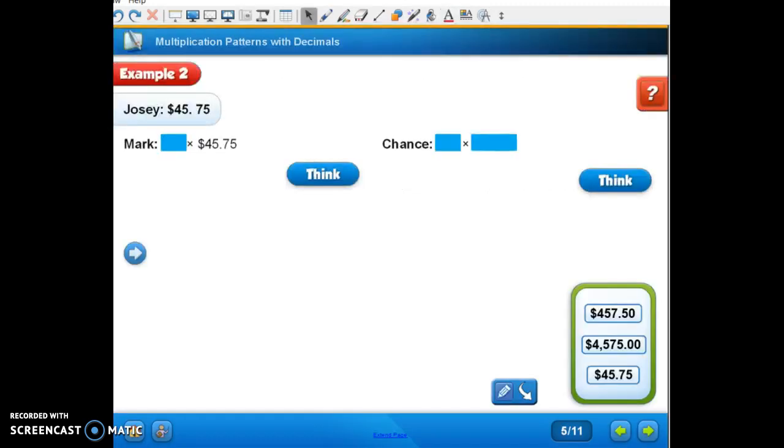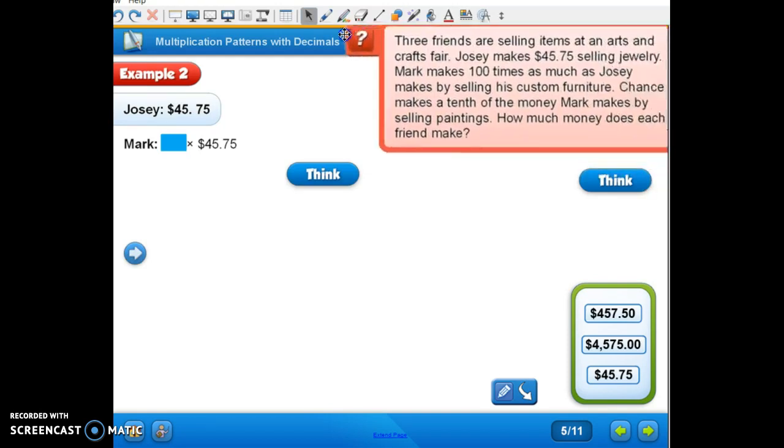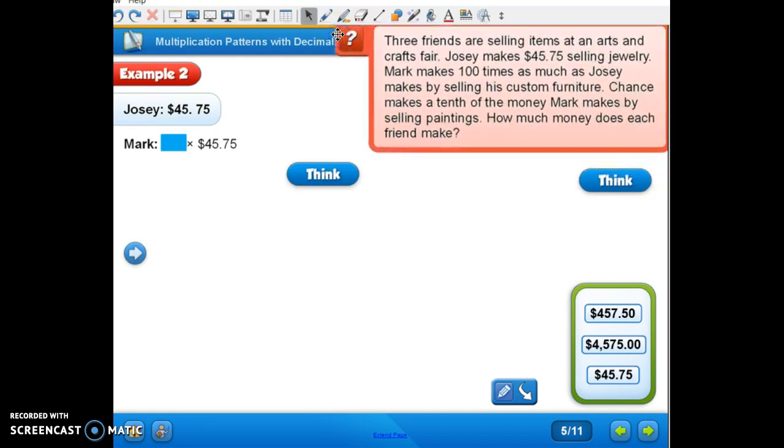Okay, so here we are. I don't know where we're at. Example 2 says Josie. Here must be our problem. 3 friends are selling items at an art and craft fair. Josie makes $45.75 selling jewelry. Mark makes 100 times as much. Is our number going to get bigger or smaller?